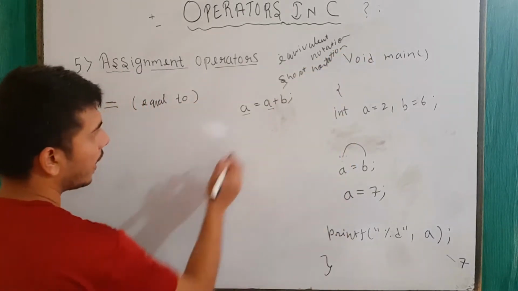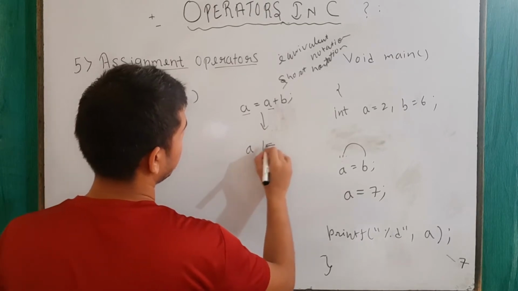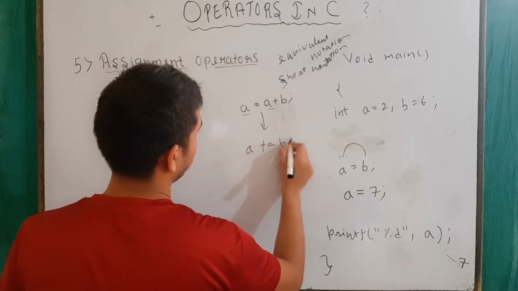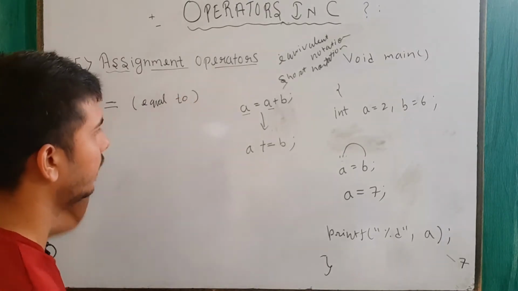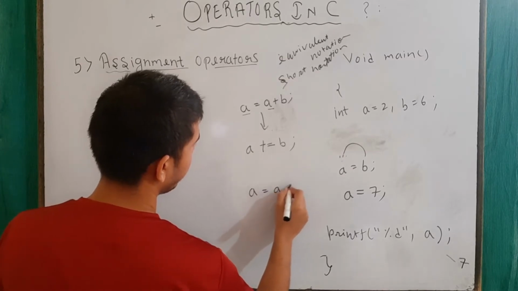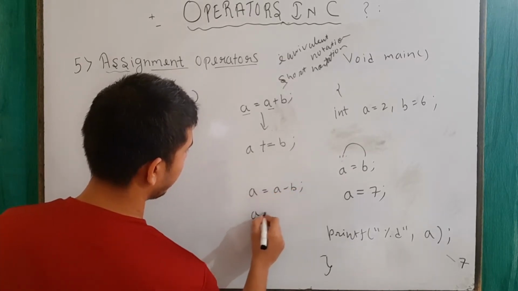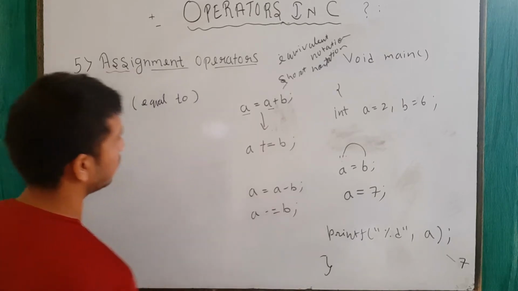Okay, in short I can write this like this. Both have the same meaning. Similarly, if there is a equals a minus b, I can also write it like this, a minus equals b.